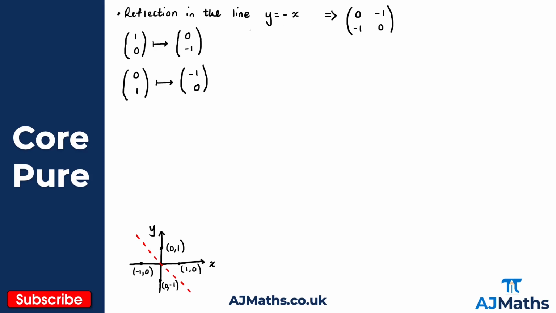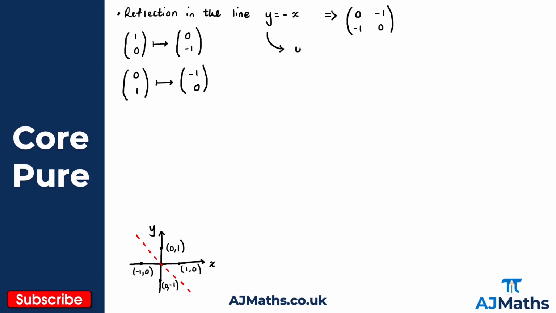Okay, so this 2 by 2 matrix represents a reflection in the line y equals minus x. Now, I forgot to mention it for a reflection in the line y equals x, but we do also have invariant lines for these two reflections. For a reflection in the line y equals minus x, the actual red dotted line itself, so y equals minus x, is the invariant line.